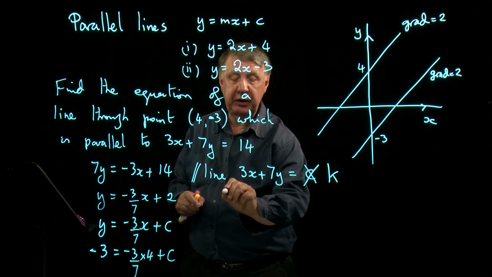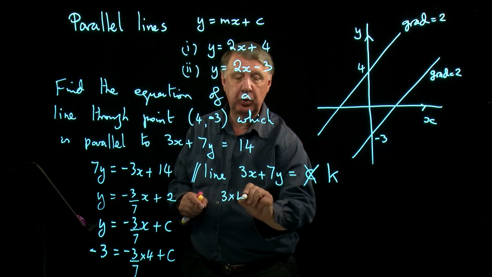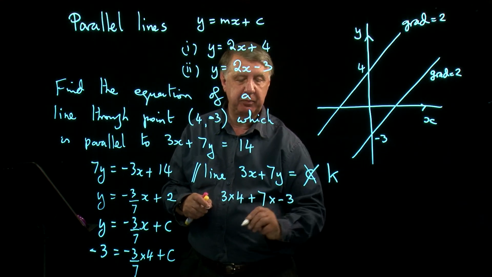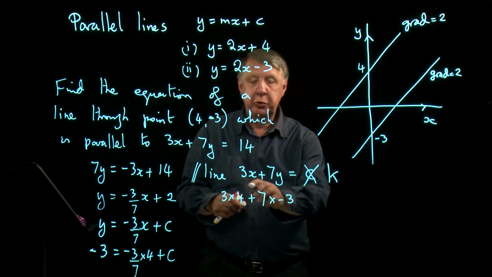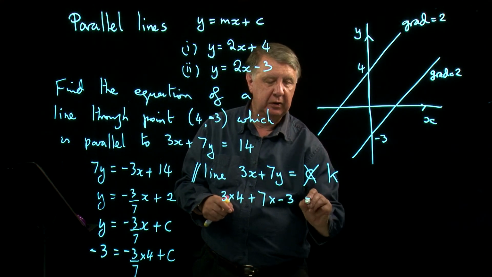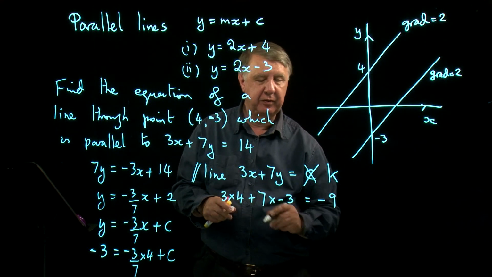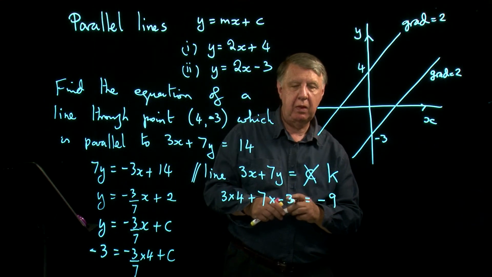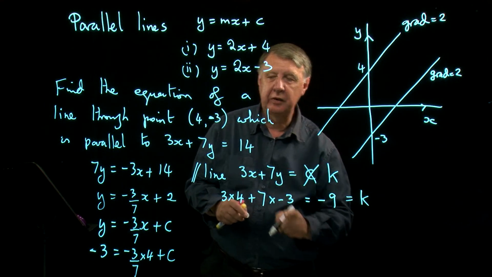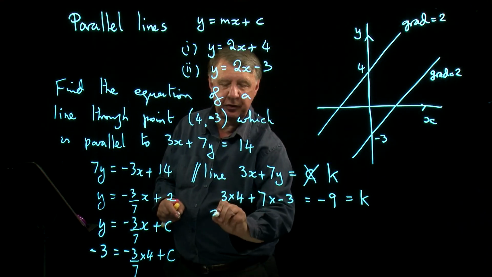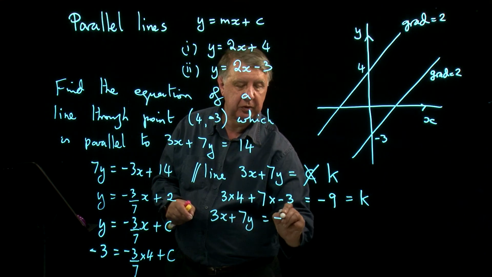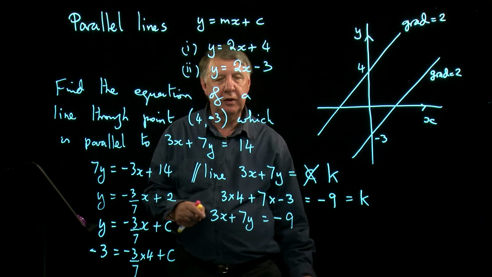So all you do is 3 times 4 plus 7 times minus 3. 12, take away 21 is negative 9, and that is k. So the equation of the line is 3x plus 7y equals -9.